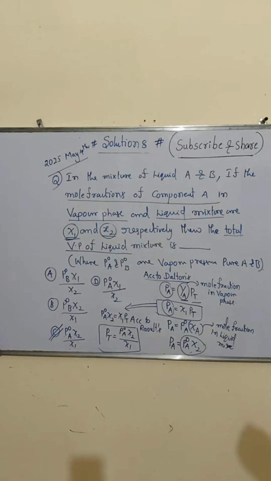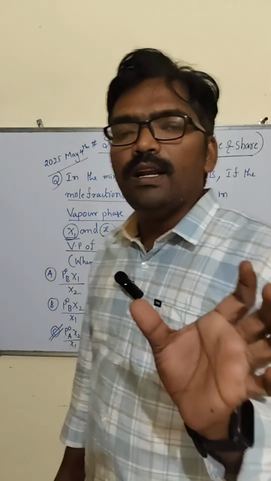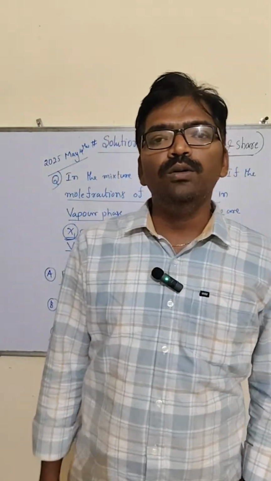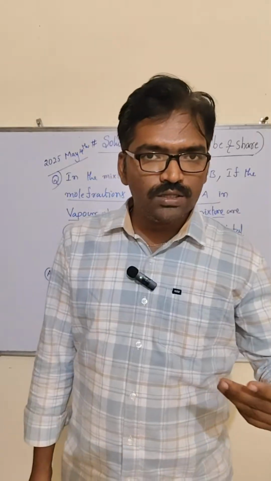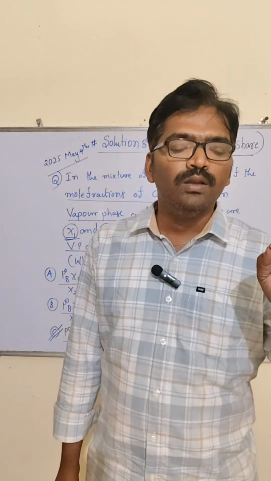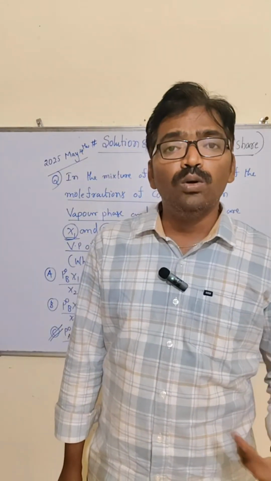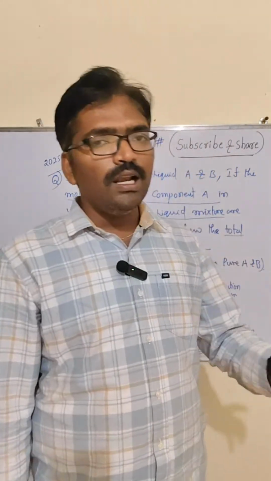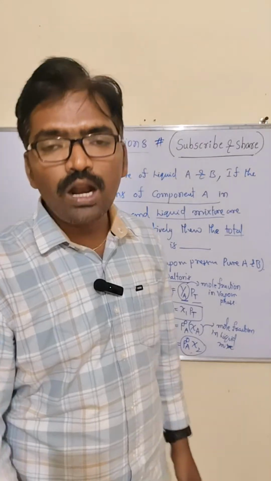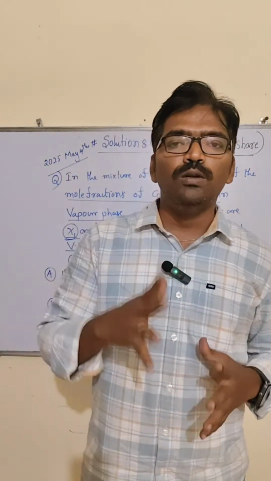channel, there is one more video, the mole concept video. If you see the mole concept video, you will know what is a mole, what is Avogadro number, and all the terms. Generally a mole is nothing but Avogadro number of particles, equal to 1 mole.